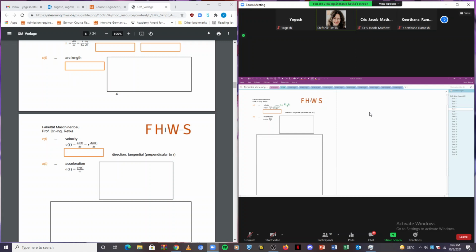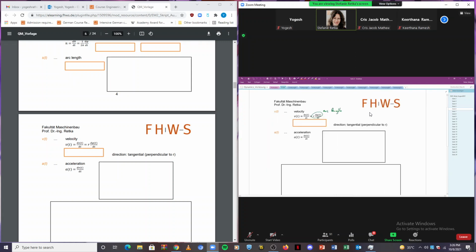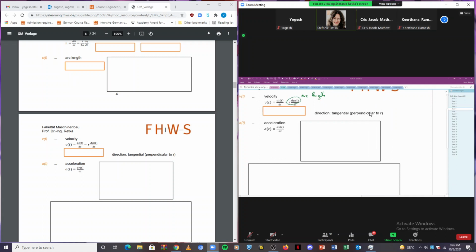And the time derivative of this angle is the angular velocity. That's what we already learned in our last class. And in consequence, the velocity vector itself can be computed by radius multiplied by angular velocity omega t. And the direction of this velocity is always perpendicular to the radius of our circular path.